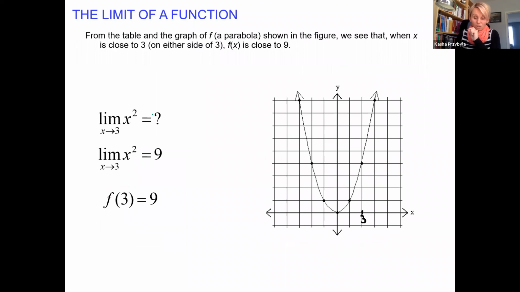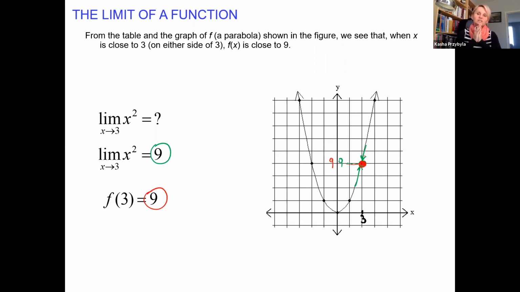We also know that the value is 9. But now, probably the weird moment, this 9, let's say is what the curve is approaching. Let me say this. But this 9, the red 9, it's exactly the value.